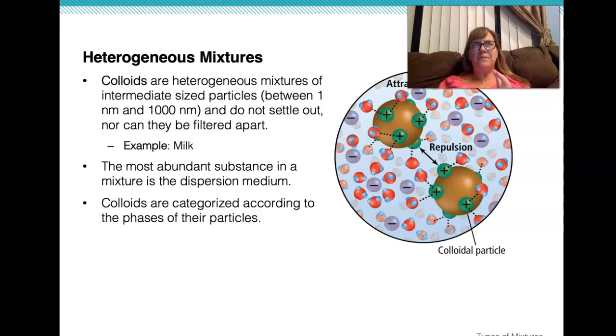So many people will think of a colloid as looking like a homogeneous mixture, and that way colloids can get a little bit confusing. The main difference between a suspension, a colloid, and a homogeneous mixture is the sizes of their particles. So suspensions have very large particles, colloids have medium ones, and when we talk about solutions or homogeneous mixtures, they have the tiniest particles of them all.